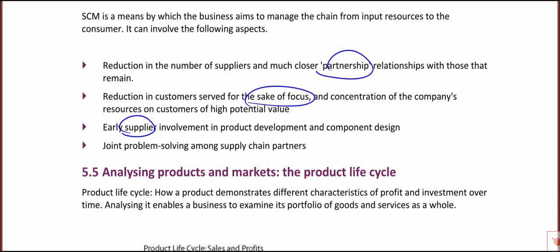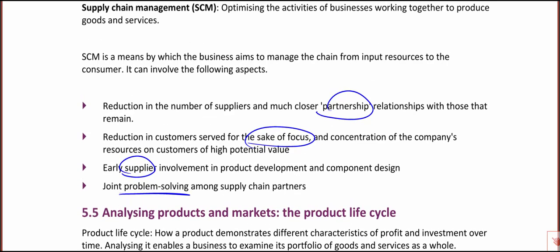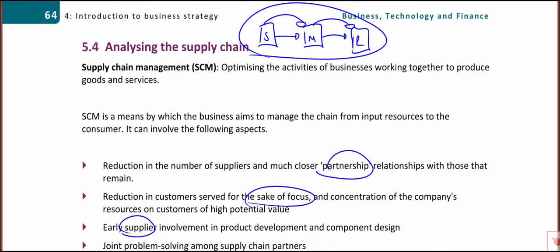So really trying to involve them as early as possible, and then joint problem solving, making sure that we're trying to solve problems together as they arise. And again, in terms of my future strategy, how strong this supply chain is going to have a massive impact on what I'm able to do in the future.